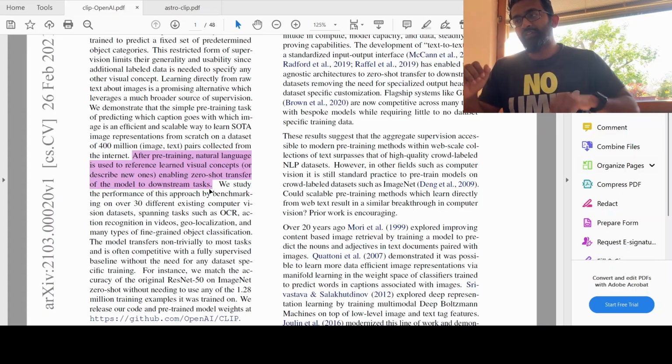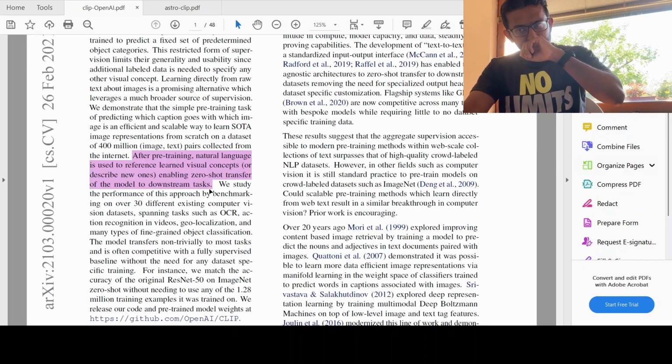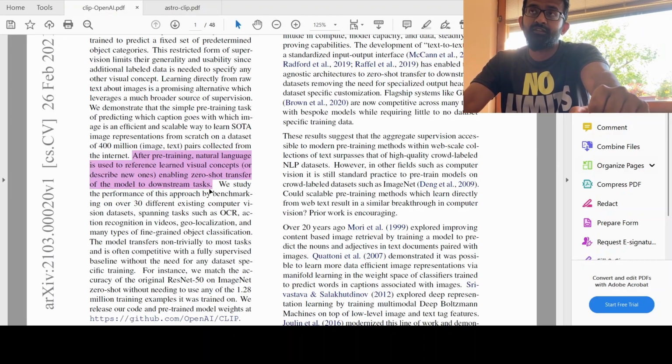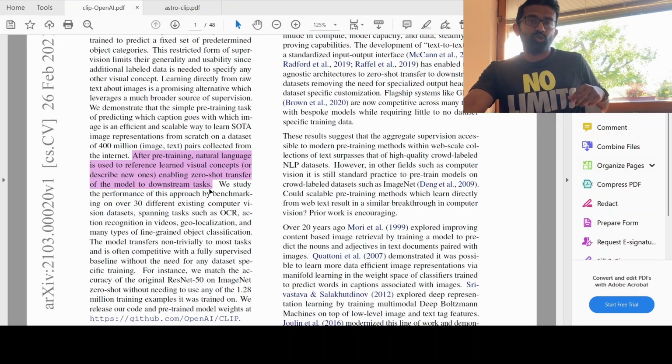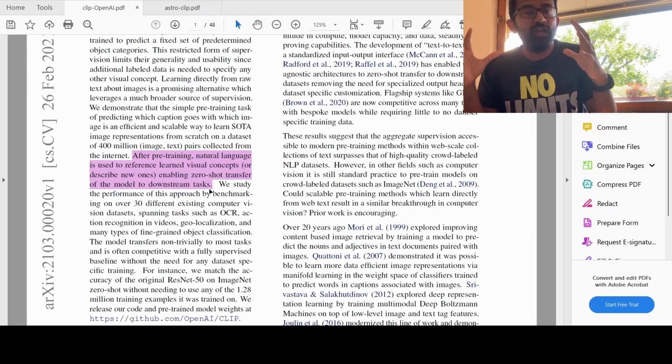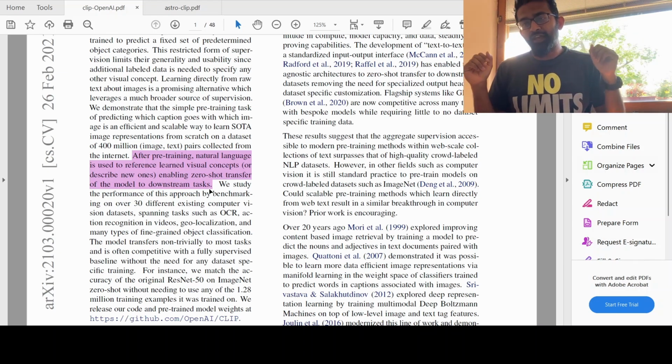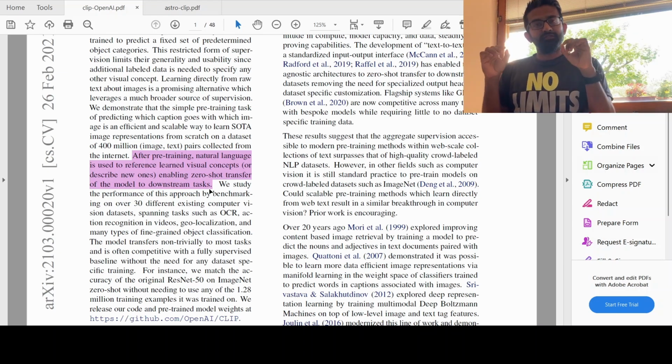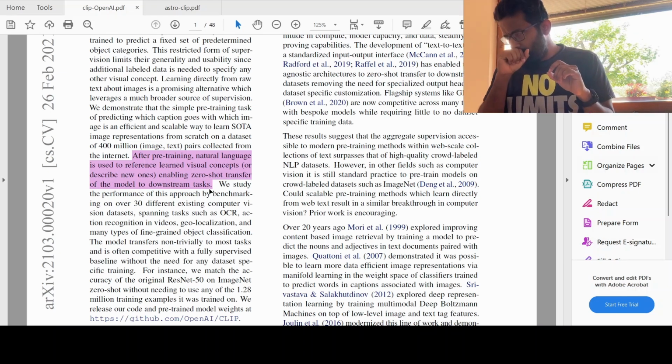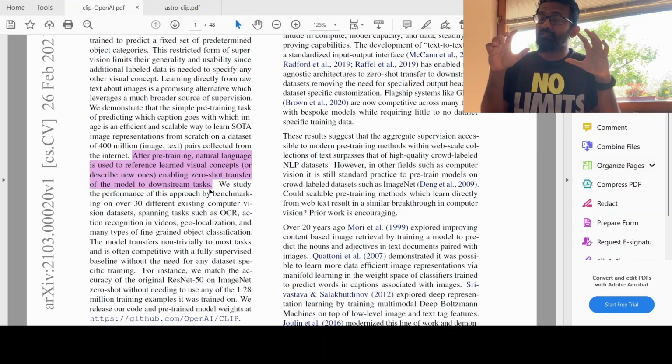One of the examples they show is image classification. And by the way, what does zero-shot mean? Zero-shot essentially means that you have this trained big deep neural net, and then you pass some data that the network has never seen.